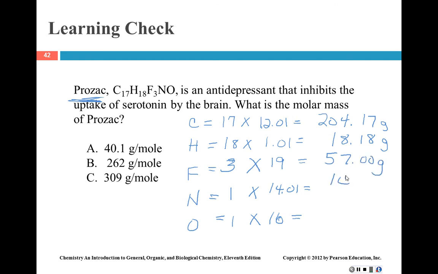And then 14.01 and 16. Now 204.17 plus 18.18 plus 57 plus 14.01 plus 16 should give us 309.36 grams of Prozac.